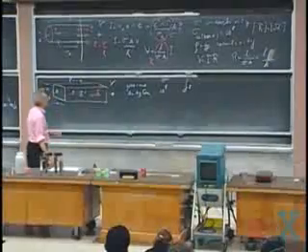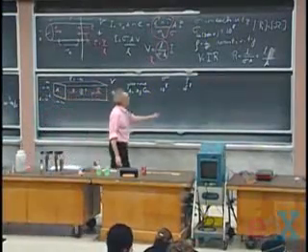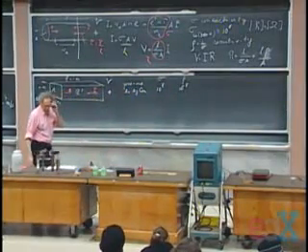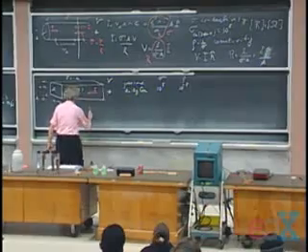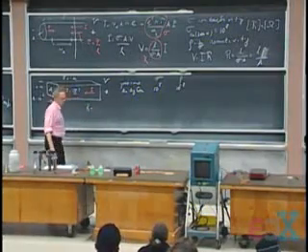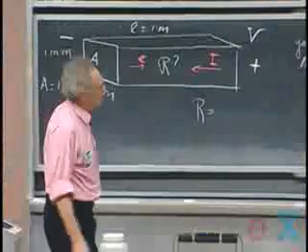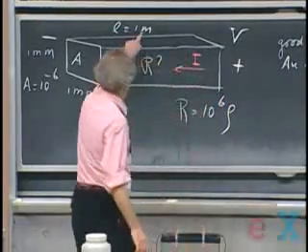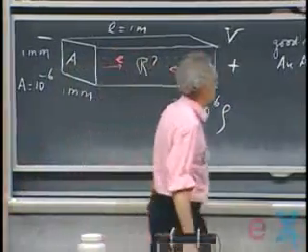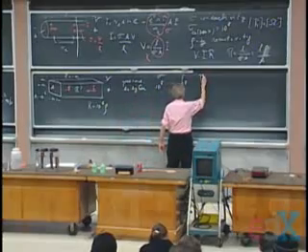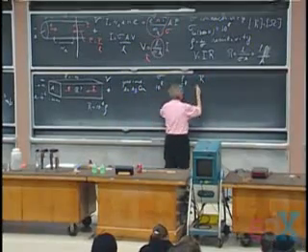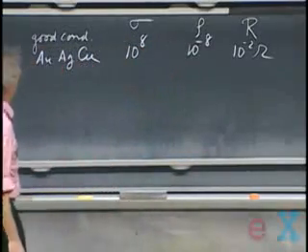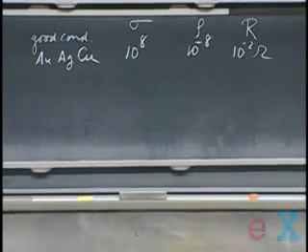And so in this particular case, since A is 10 to the minus 6, the resistance R is simply 10 to the 6 times rho, because L is 1 meter. So it's very easy. The resistance here, R, is 10 to the minus 2 ohms. 1/100th of an ohm. For this material, if it were copper.